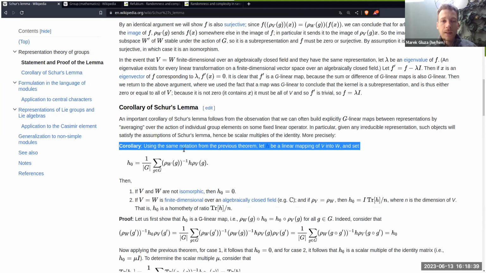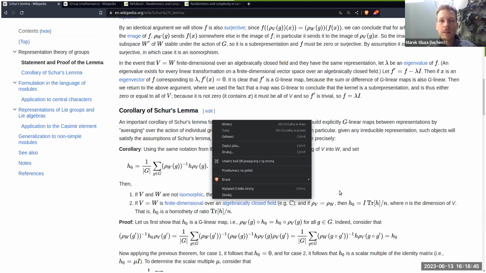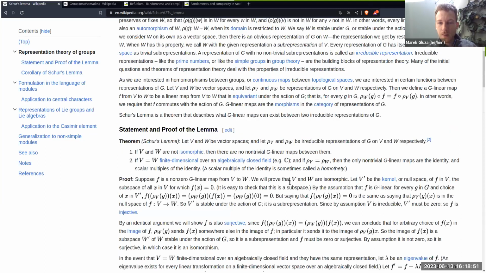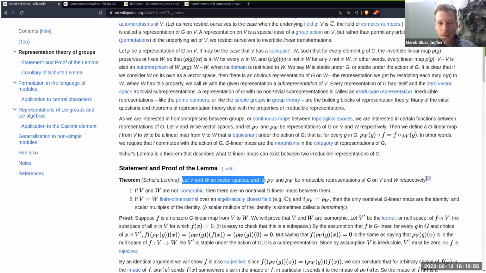But under the same notation as the previous one, over an algebraically closed set and so on, which means under the same statements, they are irreducible representations of some group G. So if they are reducible, then it doesn't work.